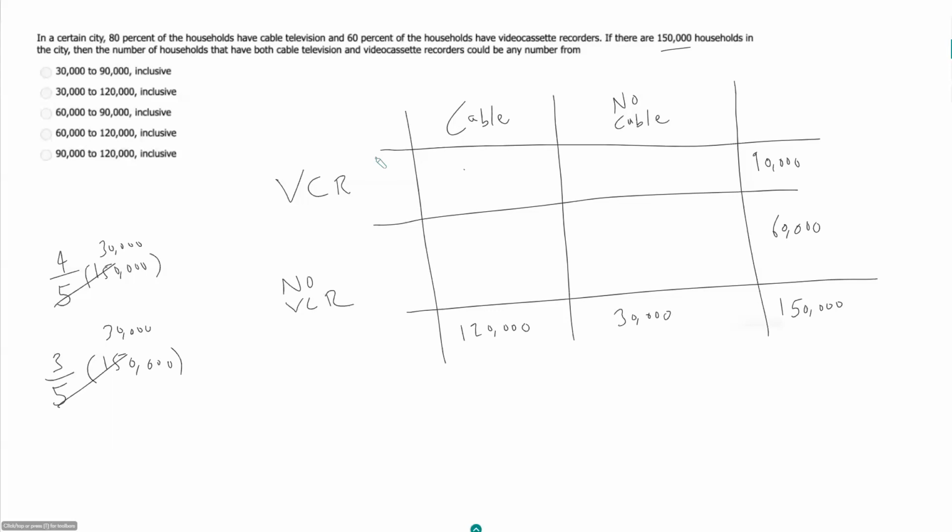So we certainly cannot exceed those in any of our individual boxes. So let's say we call the number we're looking for X. That would mean this box here has to be 90,000 minus X.